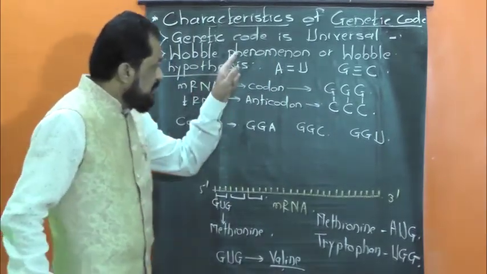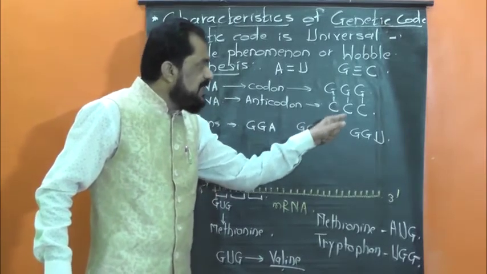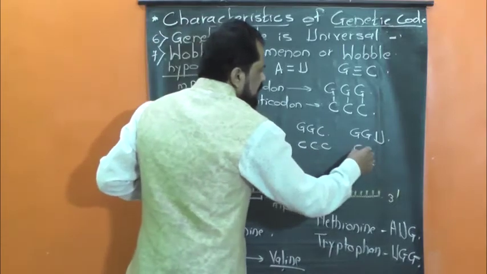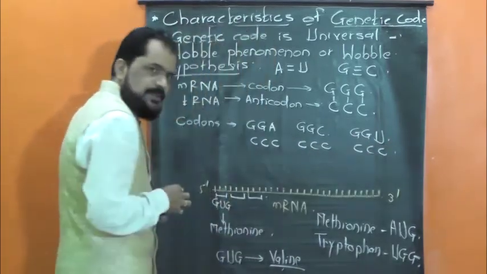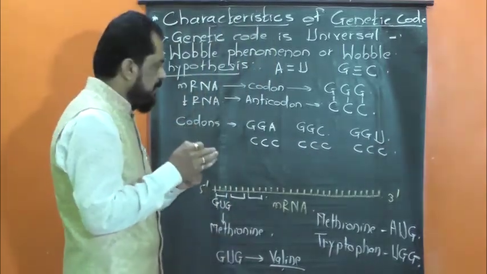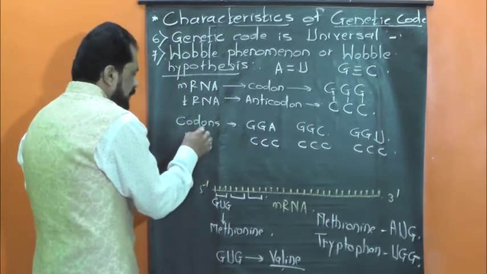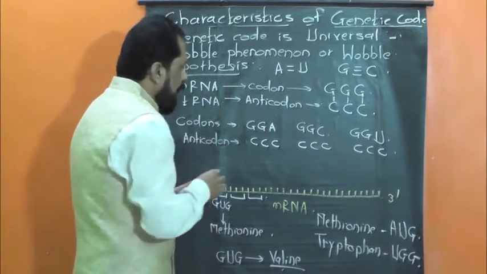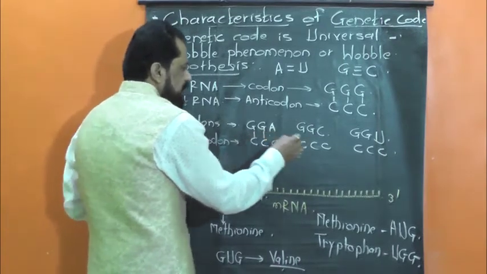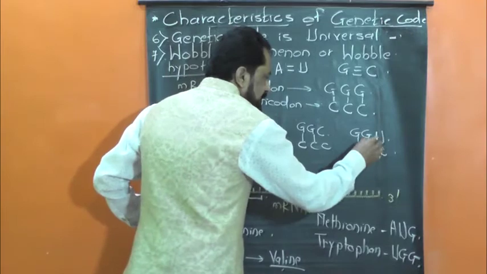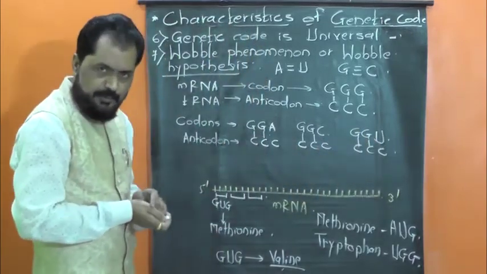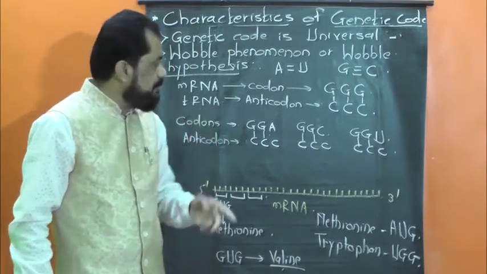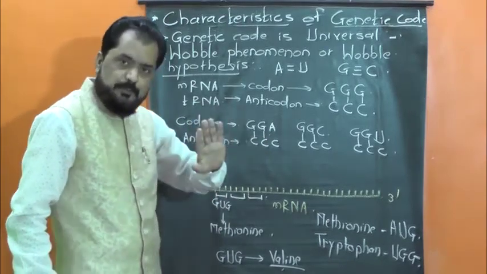Now the same anticodon CCC can form the pairing with these three different types of codons. Now here in this pairing of anticodon and codon, the complementary base pairing of first two nitrogen bases is precise, is exact. Okay, while there is no precise complementary base pairing present at the third position.